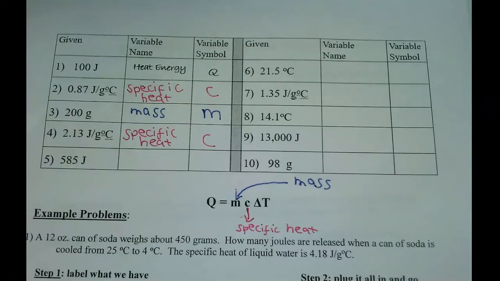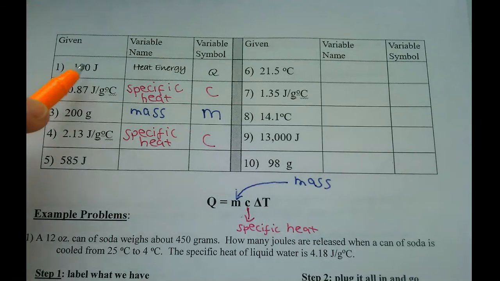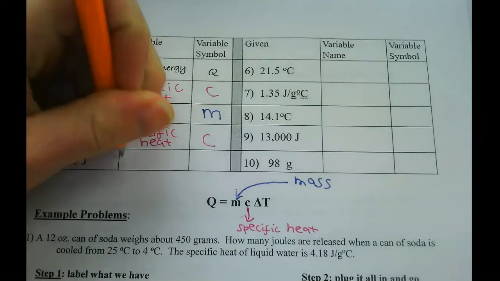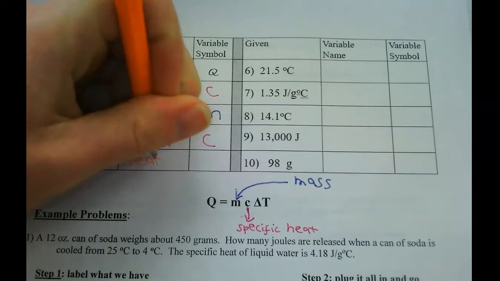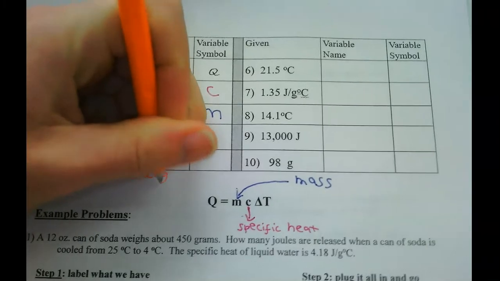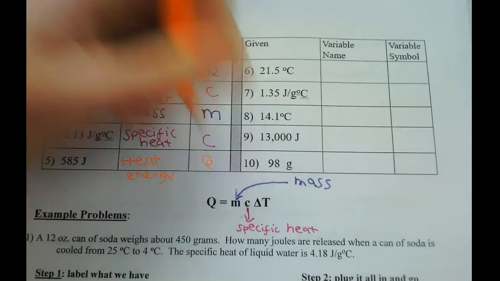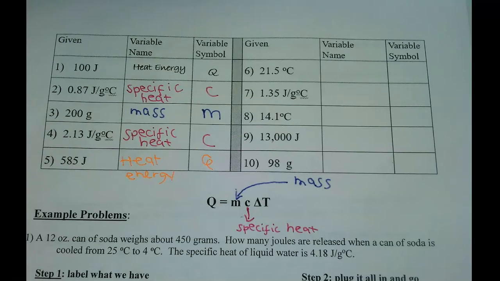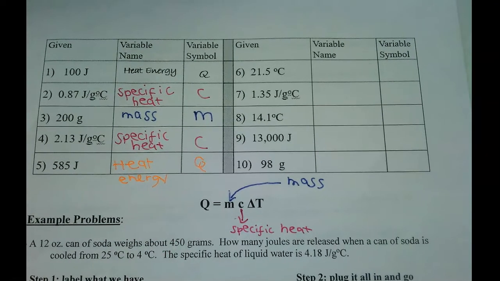All right, a new symbol here. We've got 585 joules. Actually, that's not new, we already did that one. That's heat energy, and its symbol is Q. And let's go to the other side. This one we haven't done yet.